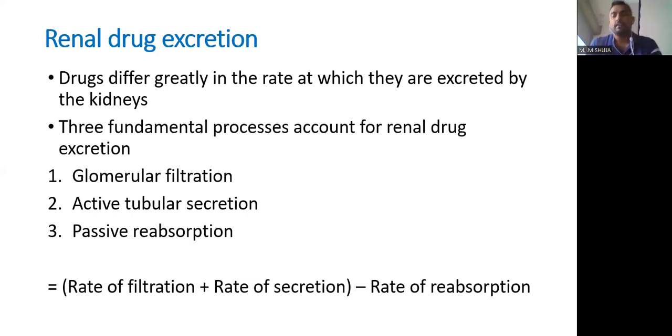After filtration and active tubular secretion, some of the drug is going to get reabsorbed. So the rate of filtration plus the rate of secretion minus the rate of reabsorption is the amount which is going to be excreted.